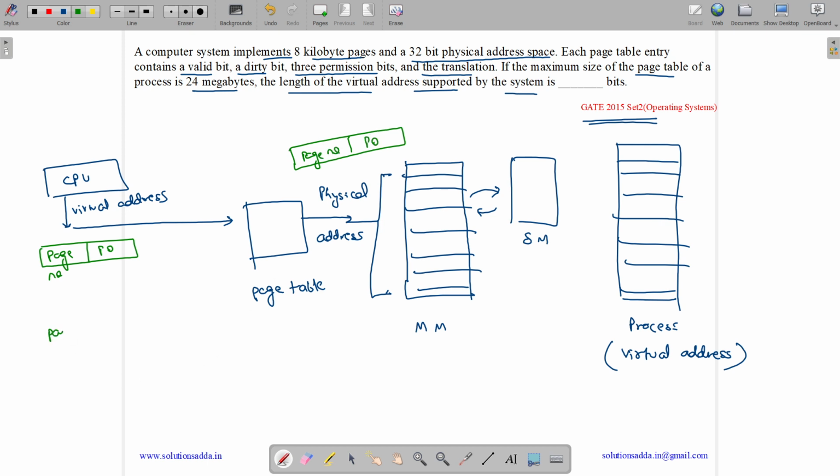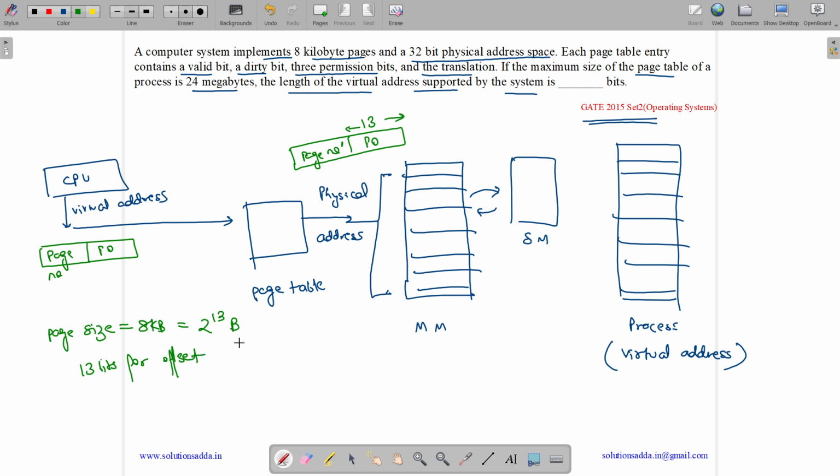Since the page size is 8 KB, which equals 2 to the power 13 bytes, we will need 13 bits for the offset. And the two page numbers are different; let us call this one page number, and this one page number dash.